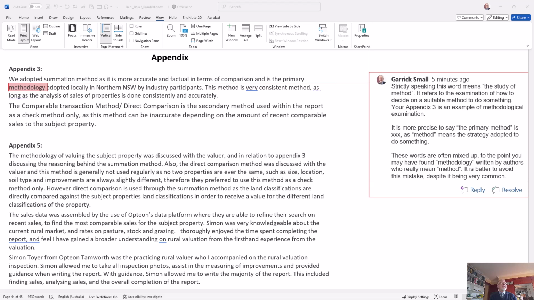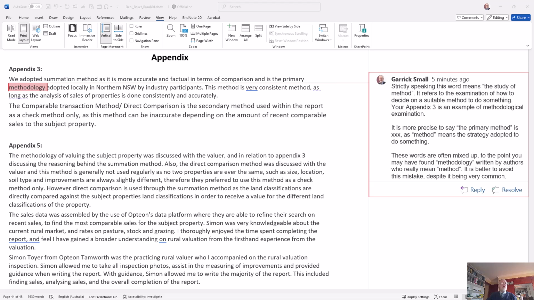One of the common ones that you'll find all over the place in academia is the misuse of the word methodology. Methodology is the study of how to decide, or the way of decision, on a particular way of doing something, a particular method.